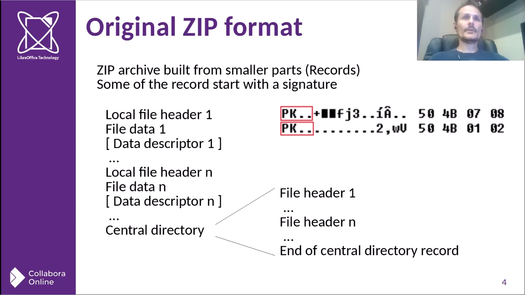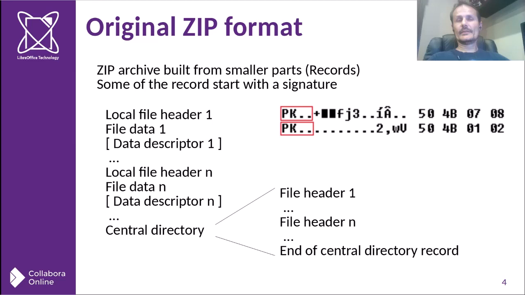If we open a file with a hex editor and see it starts with the letters P and K, and maybe we see other places in the file with P and K, then there is a good chance it's a zip file.